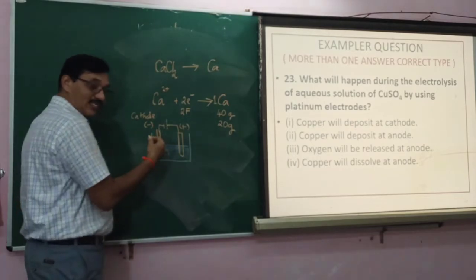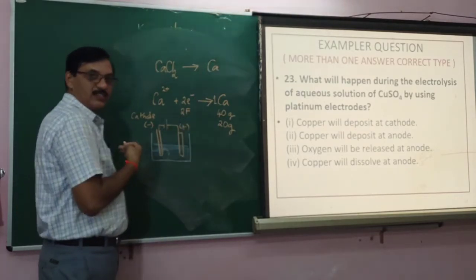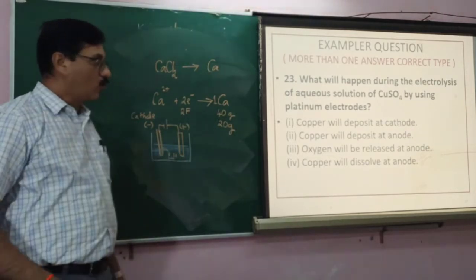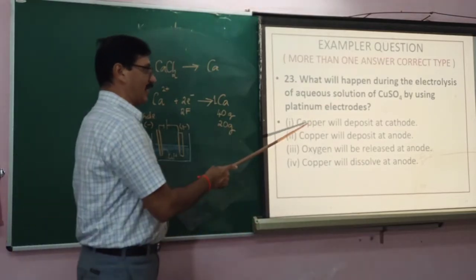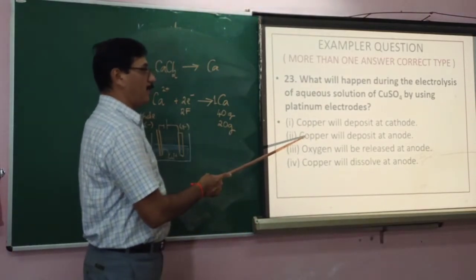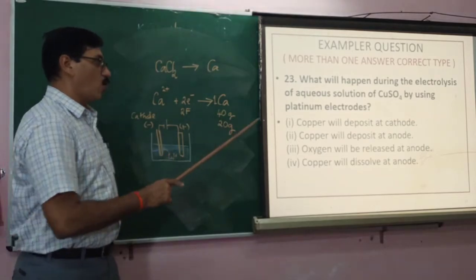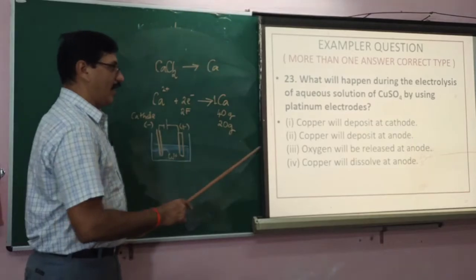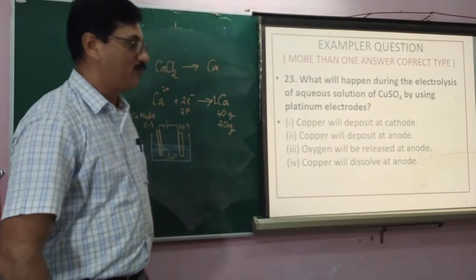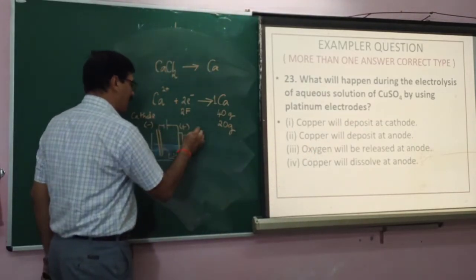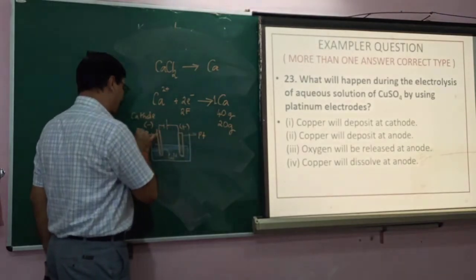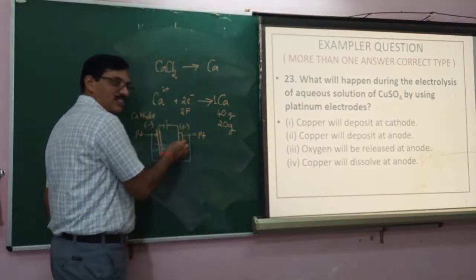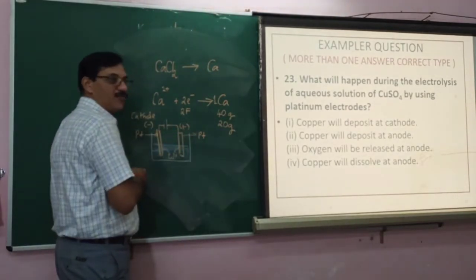Marking like that will really help in choosing the correct answer. The cation is the Cu2 plus ion, which will deposit. Therefore, copper depositing at the cathode is correct. Copper depositing at the anode is wrong. Oxygen will be released at the anode. And copper will dissolve at the anode. The electrodes are platinum, so there is no chance of oxidation of platinum.